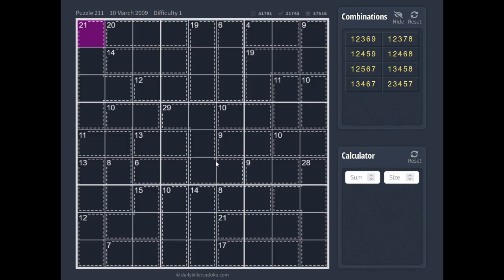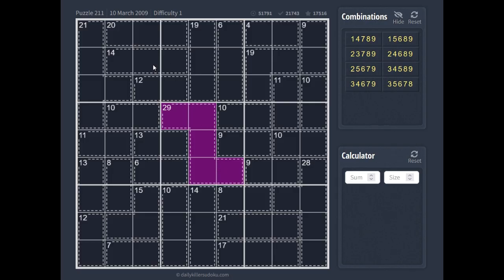So I'm not even going to look at some of these typical starting spots, like the 1-3 or the 21, that gives you a few candidates. But what I wanted to do is start right here in the middle and attack this beast, this 29 cage.